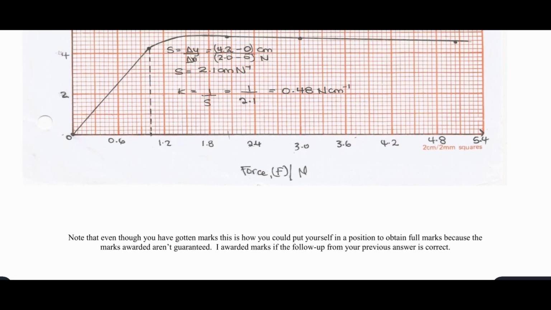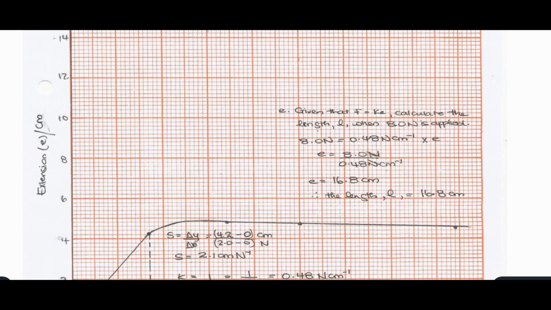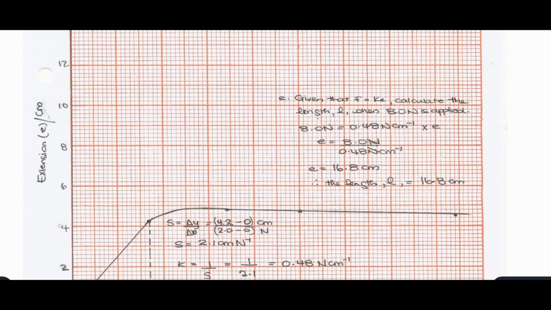The next part is to draw your axes, and once you draw your axes, you want to label them. On the X axis, you should have force, F, slash the unit, which is newtons. You do the same thing on the Y axis: extension E in centimeters.